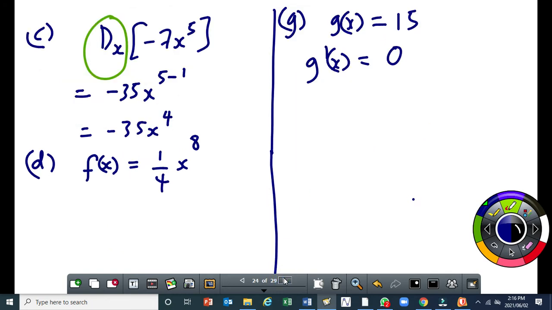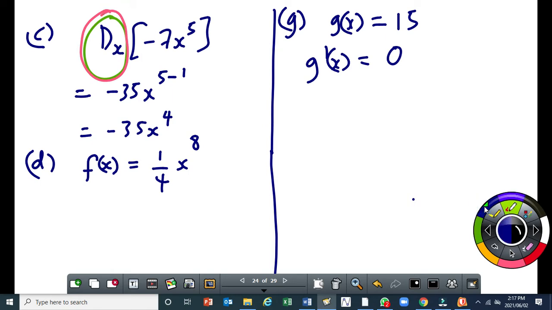Right. This one here is the differential operator. That was 1c. This means the derivative of minus 7x to the power of 5. Now, when you are given the differential operator, the way you lay it out is different. The moment you decide to write down your derivative, you stop writing this part here. You must stop writing d of x the moment you decide to find the derivative.